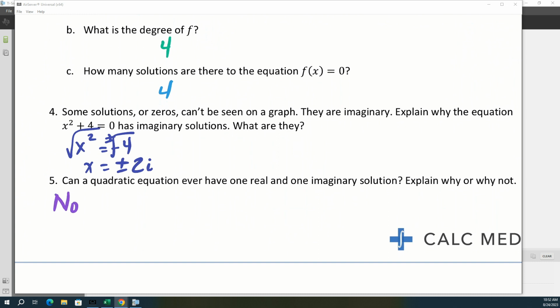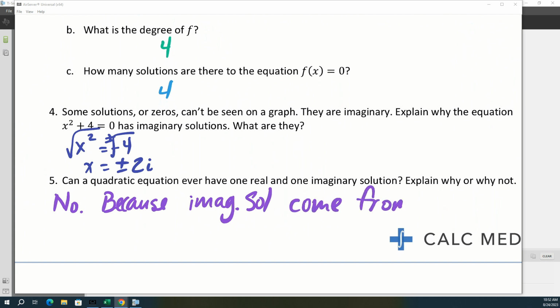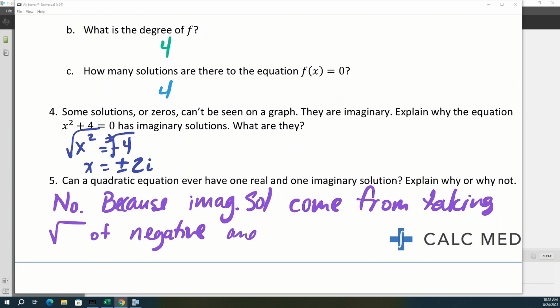So we're going to say no because imaginary solutions come from taking the square root of a negative, and solutions are always plus and minus.